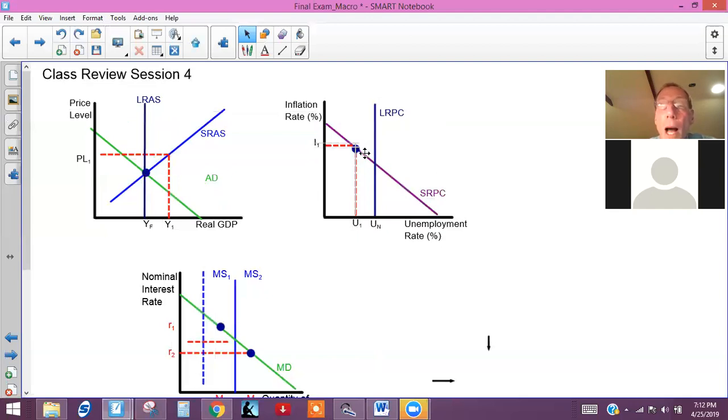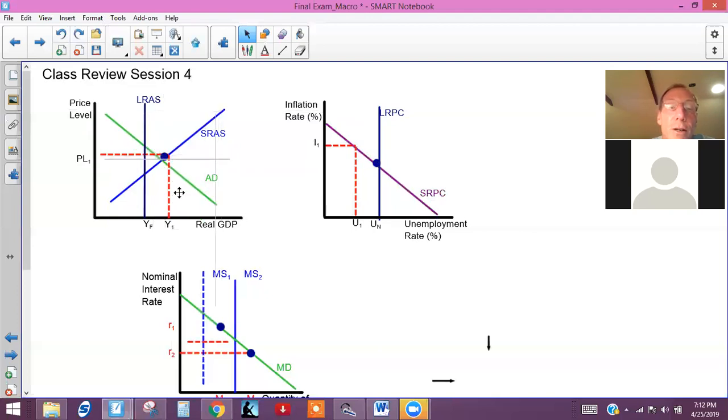If that's dropping and unemployment is rising, that movement from here to here is the same as this shift from here to here. And typically this happens first.